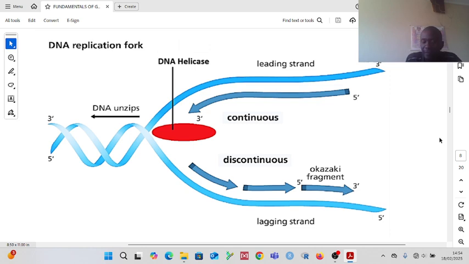So what needs to happen here? The DNA helicase is cutting, creating the replication fork. But another enzyme that we call a primase will come and create a short sequence, which we call a primer.